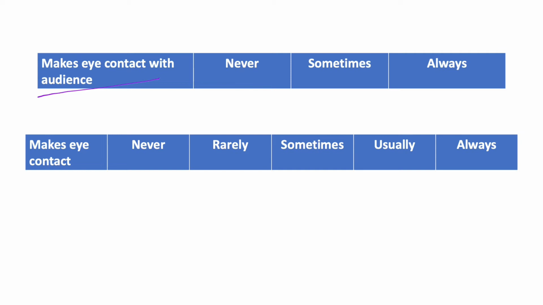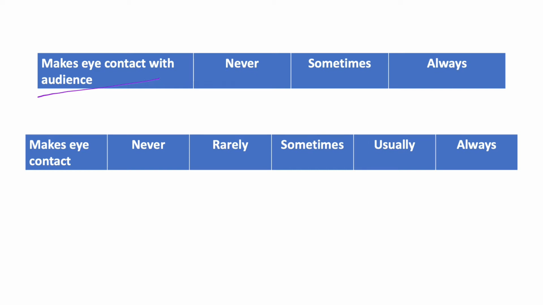Remember, there is no right answer as to how many levels of performance there should be for a criterion in an analytic rubric. That will depend on the nature of the task assigned, the criteria being evaluated, the students involved, and your purpose or preferences.